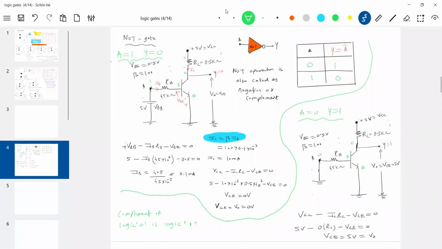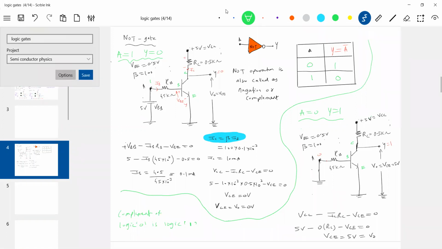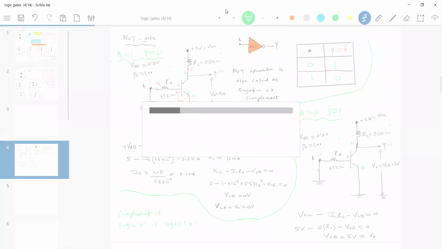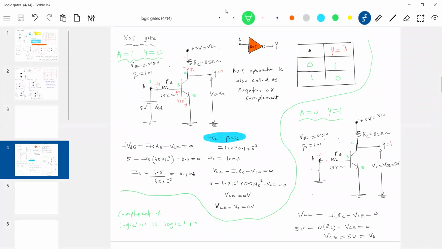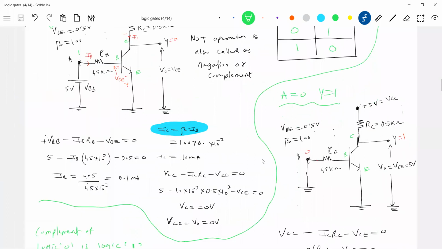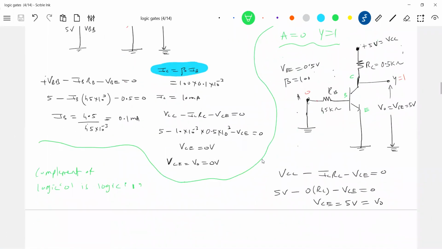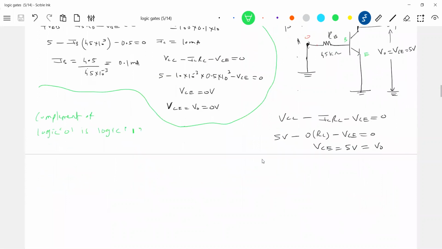Okay, so these are all the basic operations. Now we'll focus on further mathematical operations. That's called Boolean algebra, so we'll introduce it systematically. Now we know most of the basic operations. With the help of this, we will develop a new mathematics called Boolean algebra.